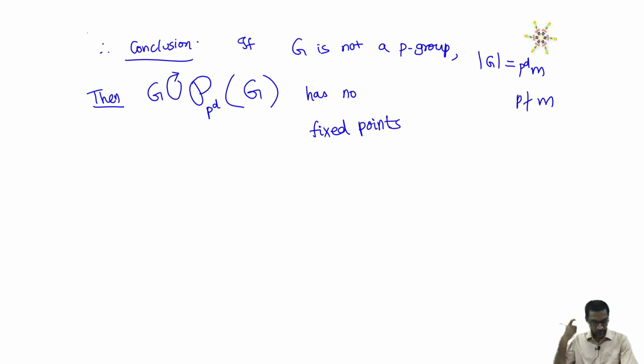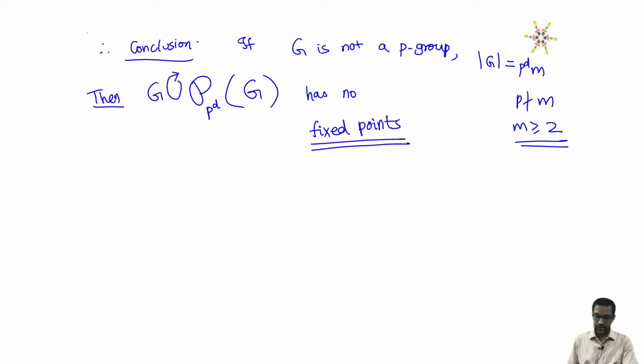Okay, but we seemingly haven't used the fact that m is at least 2, but we actually have used it. So observe that I also assumed that G can be written in this way, p not dividing m, and m is at least 2, because it's not a p group. Where have we used it? Observe, this has no fixed points. Remember what I said before?